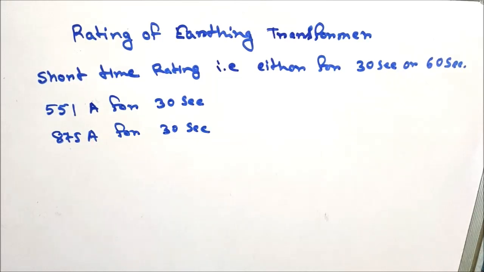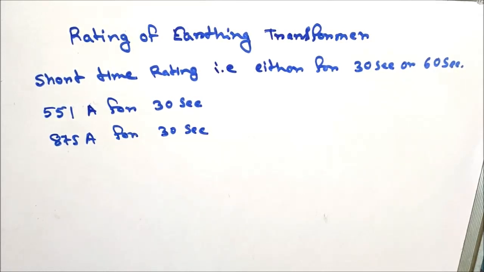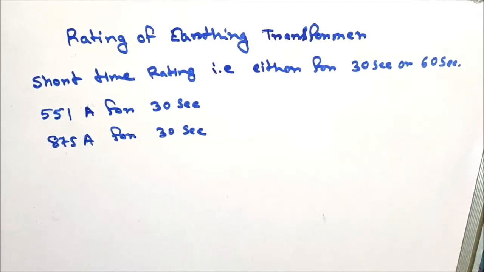Now, what should be the rating of the earthing transformer? Since under normal condition, the earthing transformer takes only a minimum amount of current, that is magnetizing current is drawn from the system, and under fault condition, it will provide a low impedance path for the flow of the fault current.